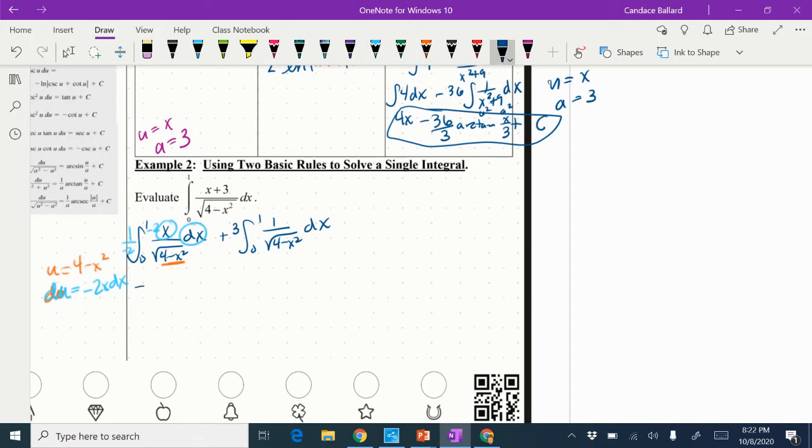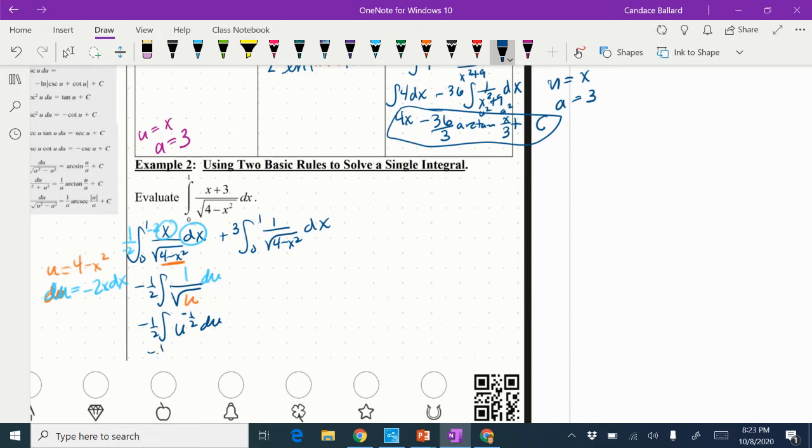So I've got negative 1/2 the integral of, I need the fraction bar in the square root. I'm going to put u under the square root, and then my negative 2x dx is 1 du. I am going to bring my u upstairs, so I know it's u to the negative 1/2 power, and then du.